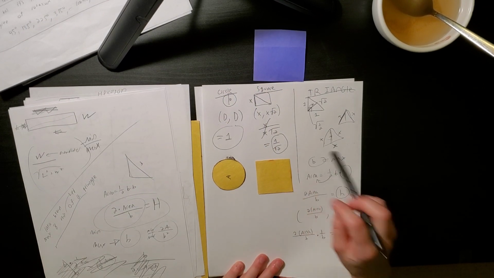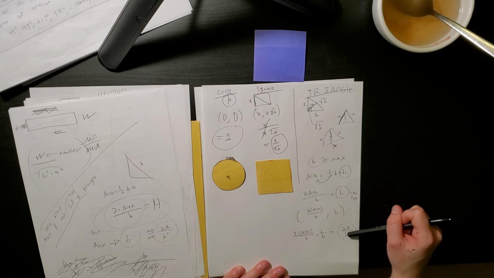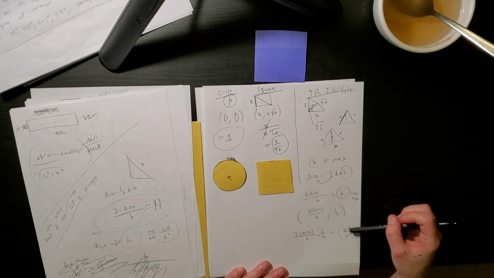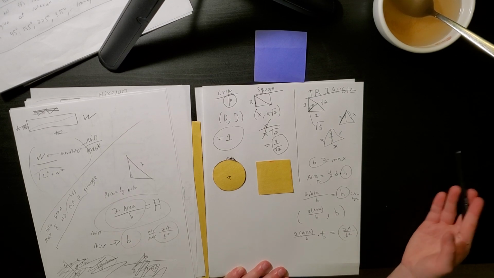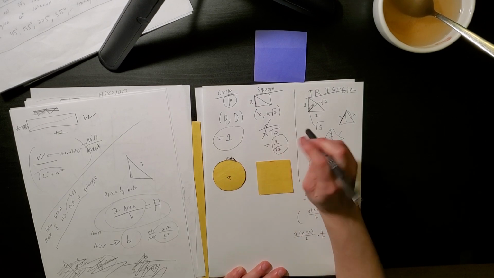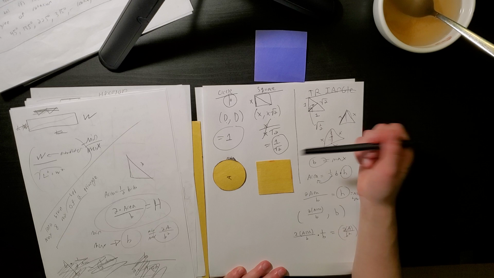so we have now this new ratio, but this one is actually dependent on the lengths that we have in the triangle and the area as well. Right? So for the circle and the square, we have numbers.